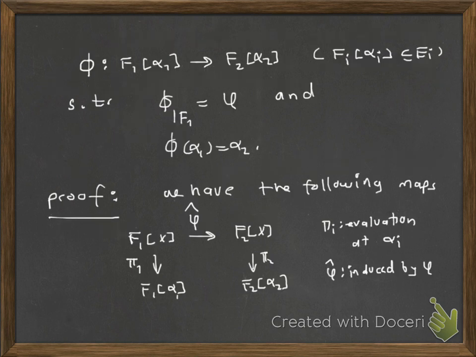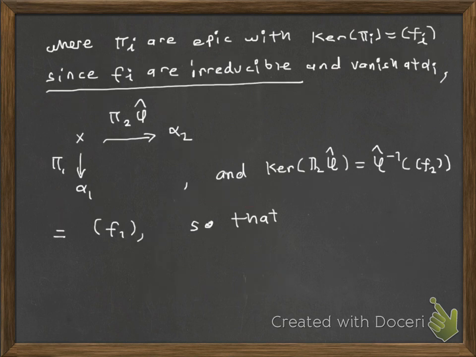And then we go back. We simplify this diagram by composing pi 2 and phi hat, and get this diagram where this guy's kernel is equal to this guy's kernel.